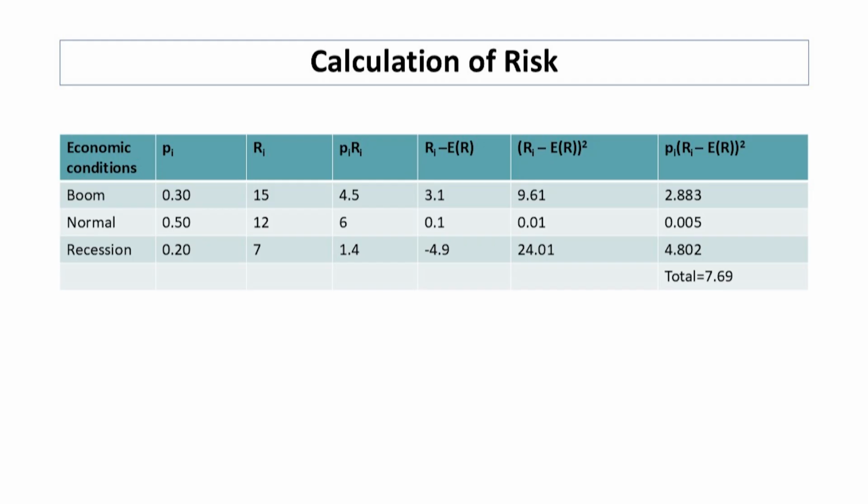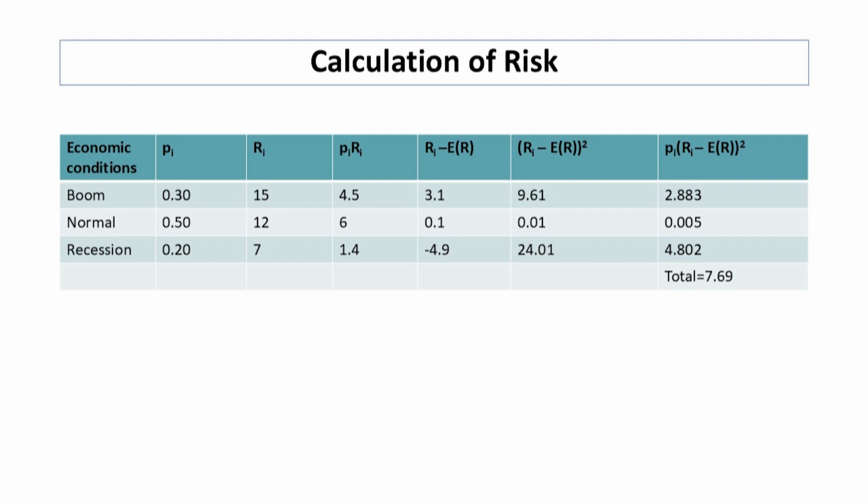Pi is 0.3, 0.5, 0.2, or simply 30%, 50%, 20%. Ri of the company is 15, 12, 7. Multiplying, Pi into Ri is 4.5, 6 and 1.4.